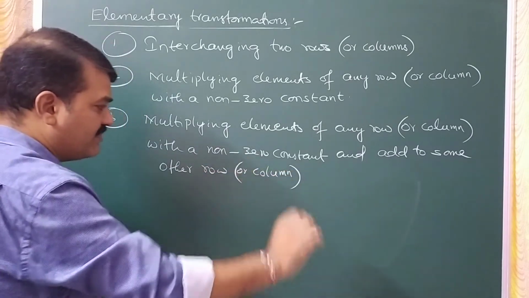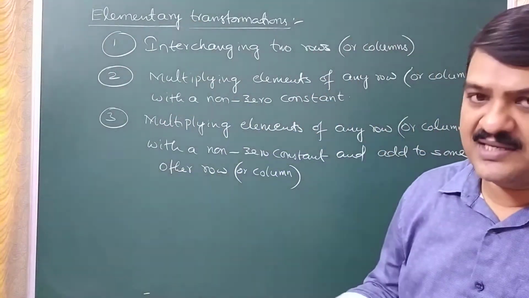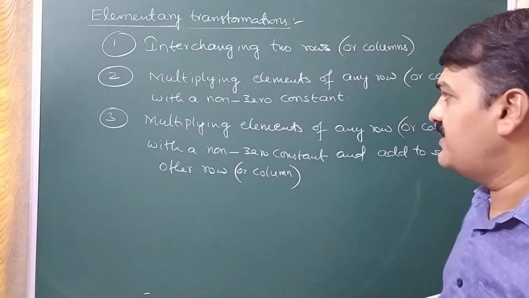So add to some other row means we have to add the corresponding elements only. You can't add any elements randomly. You have to add the corresponding elements only.